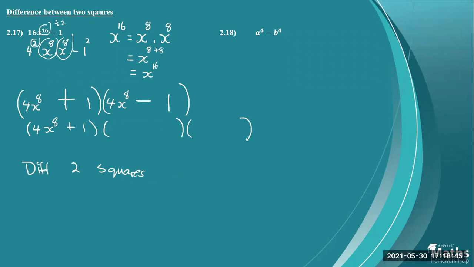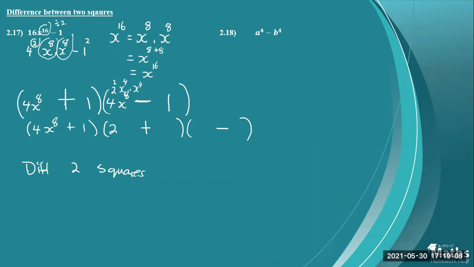And try and see here that you can expand this now into difference between two squares, where there's a plus and there's a minus. The square root of 4, because we can write 4 as 2 squared, and x to the power of 8, we can now break up into an x to the power of 4 and an x to the power of 4.